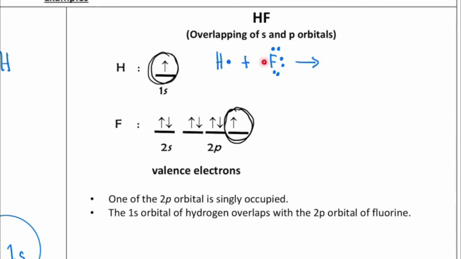Okay, so elektron yang di-share tu adalah yang single tadi. So that's why kita akan overlap 1s yang single and 2p electron yang single. Okay, so that we can form a bond like this. Okay, and this bond sebenarnya ada 2 electrons, and the bond here is actually sigma bond.